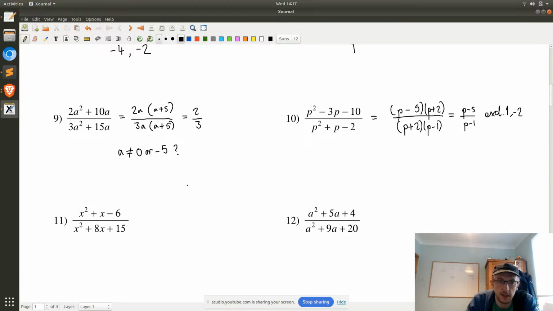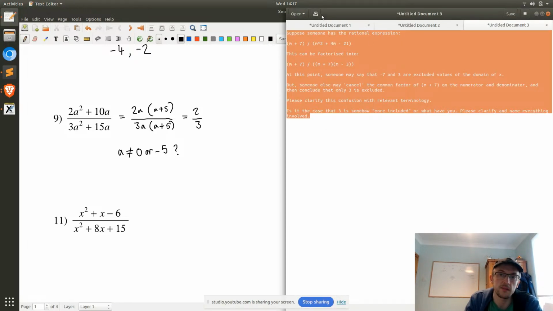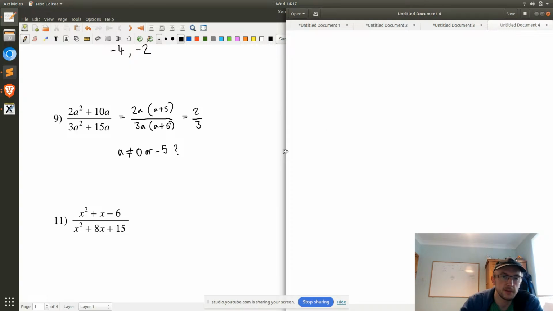That will make sense, but this one, I don't know. I want to know what that means. So an expression has been simplified to a constant, but also somehow I have to retain information about what's excluded. Why? Okay. I'm going to resolve this. It's the only way to understand.